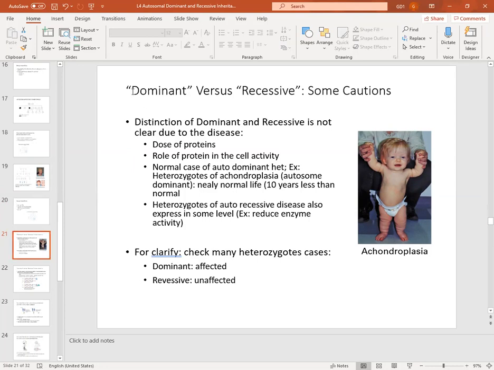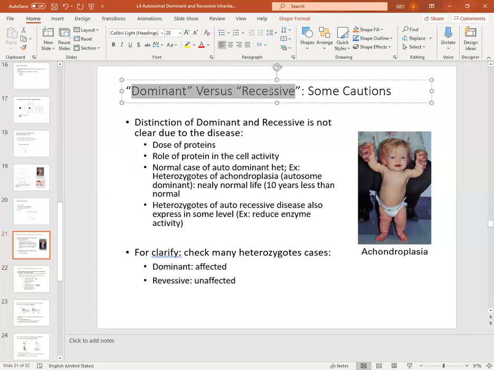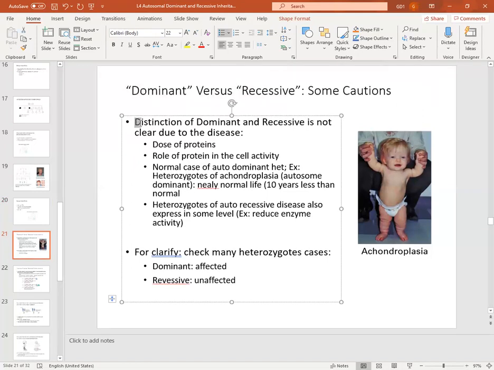So talking about dominant and recessive, you have to be strictly careful when using them. From the book, I state that dominant and recessive is not clear for some diseases. Why?